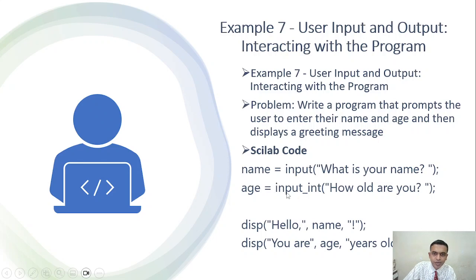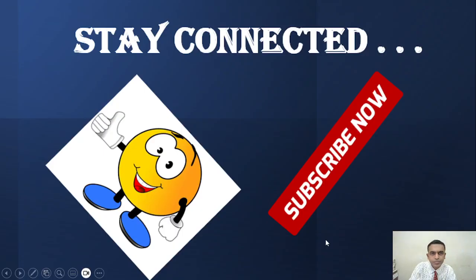It says input underscore int, not just input. Input by default will take a string. Here input underscore int will convert it into an integer. Now we display the message, hello, and the name inputted by the user, and we'll say you are this many years old, and that is where the age variable will come in.